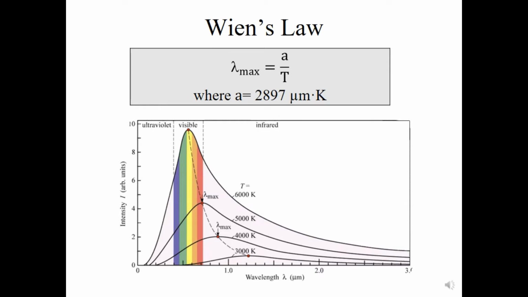And Wien's law is really simple. It basically just says that the wavelength of maximum emission is equal to a constant divided by temperature. If we use the constant 2,897 micrometers Kelvin, and divide by temperature in Kelvin, then we'll get the wavelength maximum in units of micrometers.